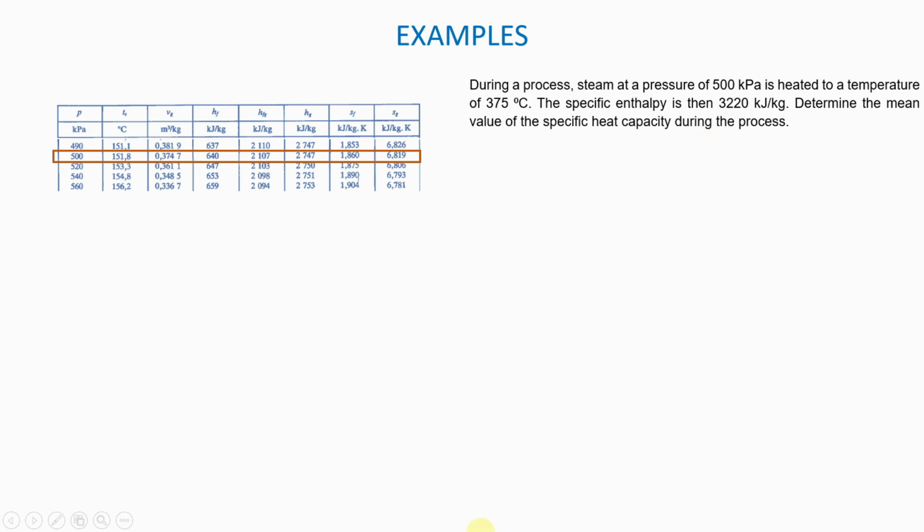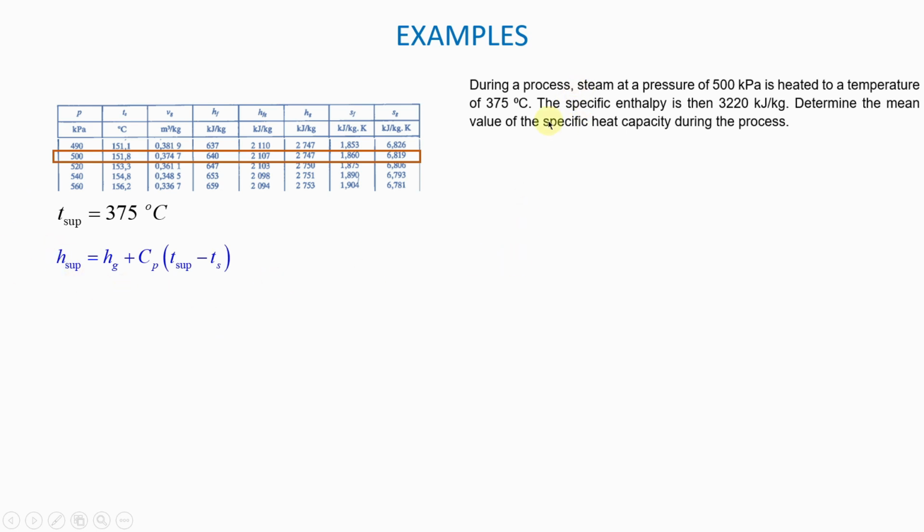And so because it is superheated, we have to use the formula for the enthalpy of superheated steam. T-sup is therefore 375 degrees, because this is a superheated temperature, greater than saturation temperature. We know the formula for superheated enthalpy.